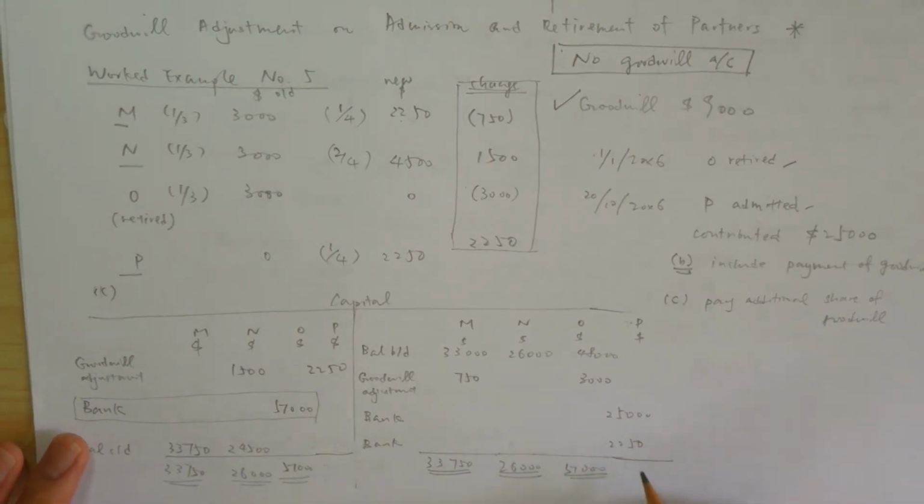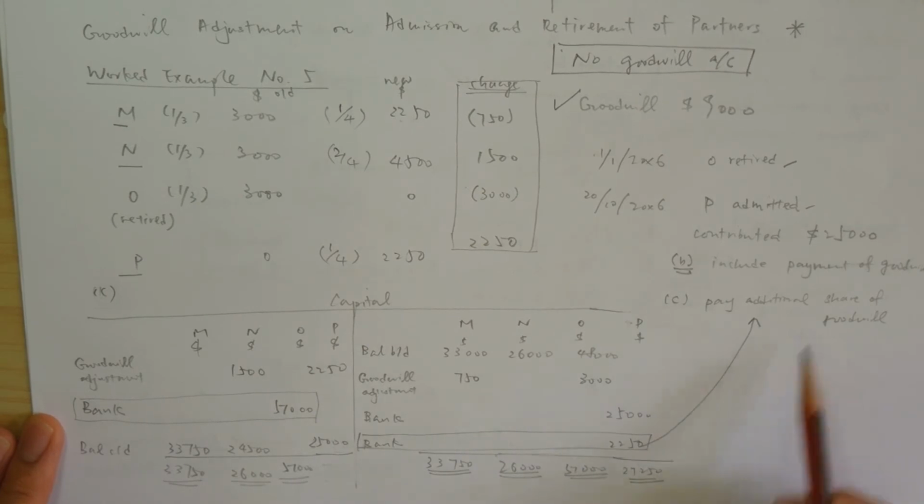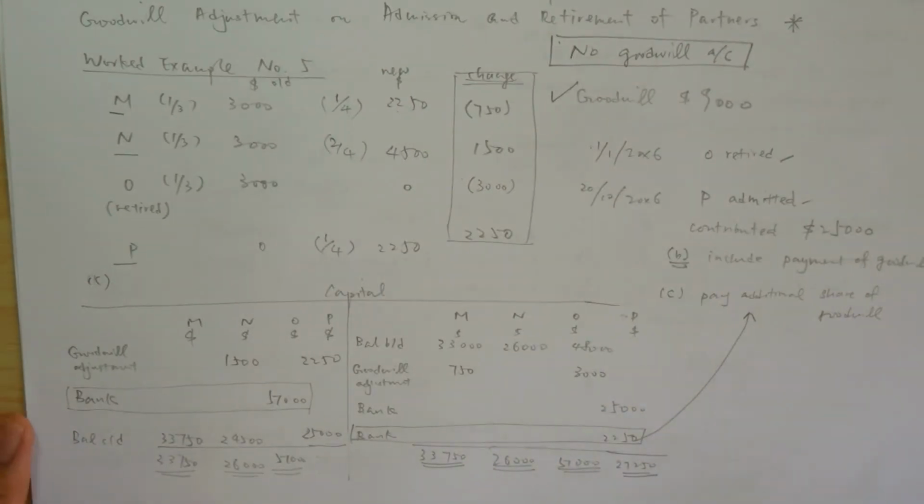Therefore, his capital remaining in the partnership will be 25,000. This is the major change related to part C, the additional share of goodwill from P.